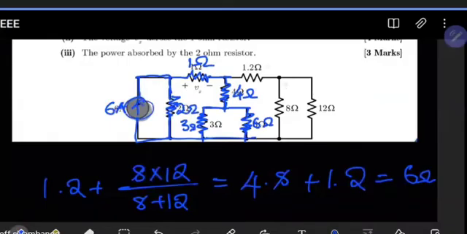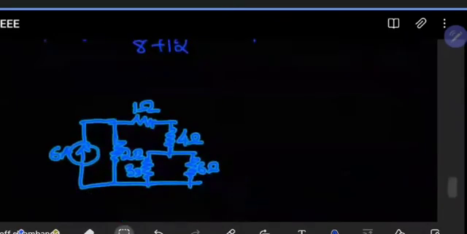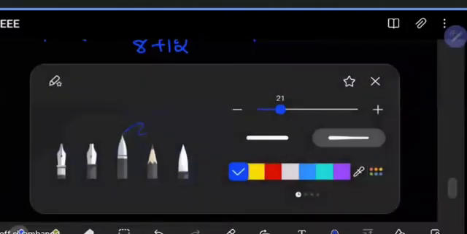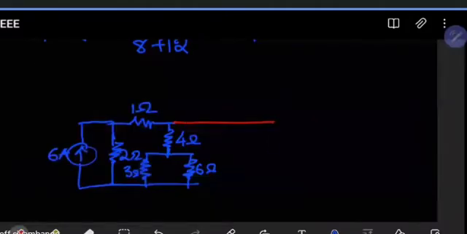We have just combined all these here, and they ended up giving us 6 ohms. So we'll copy this, and now everything which was here is reduced to just 6 ohms.